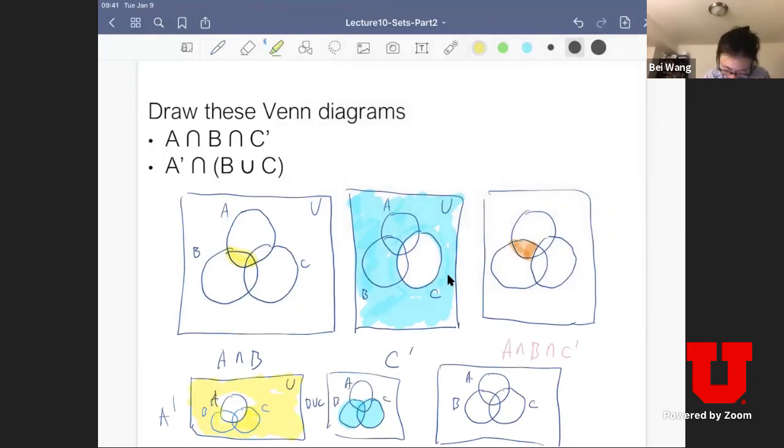What you get is this orange part. So of course, I can now ask you the question, are those two sets equivalent? Well, by the Venn diagram, they're not, okay?